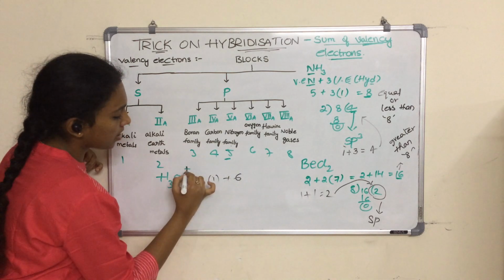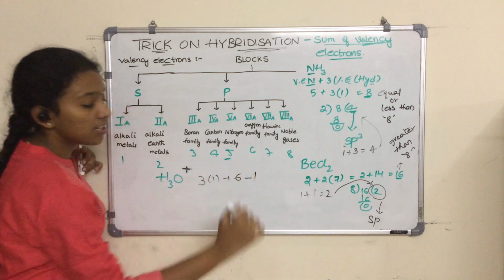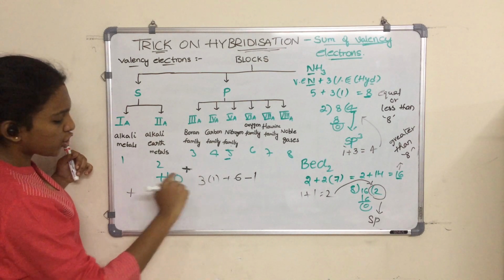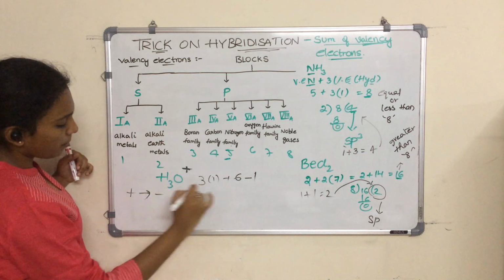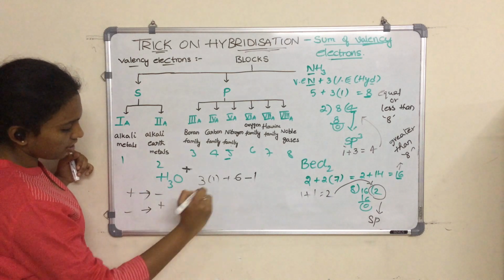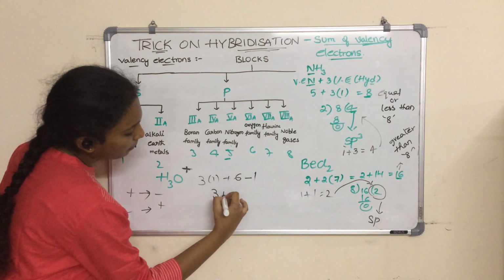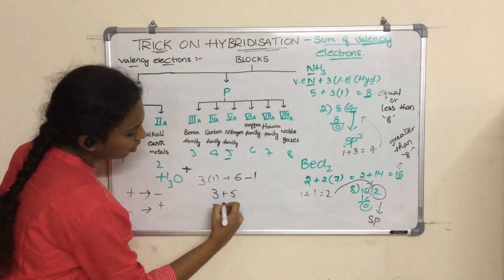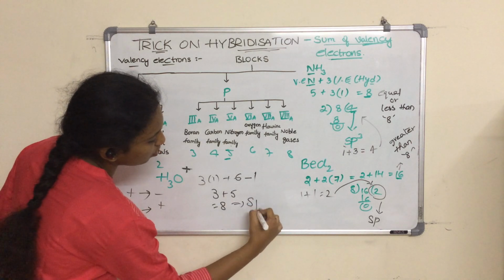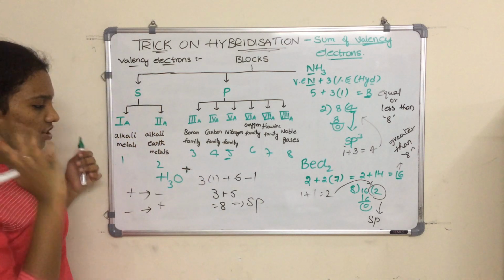Here the plus sign is there, so we subtract. If the ion is positive, do subtraction, and if the ion is negative, we have to do addition. 3 plus 5 equals 8. So again it gives you sp3 hybridization.